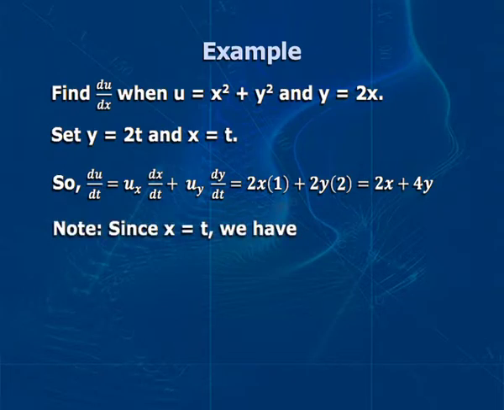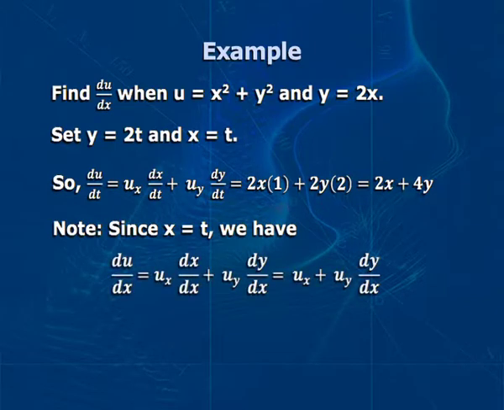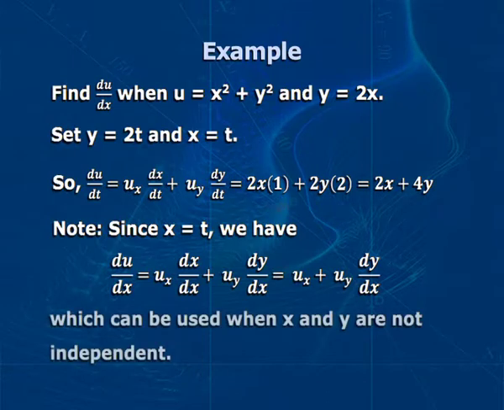Note, since x is equal to t, we have du by dx is equal to ux dx by dx plus uy dy by dx, which is equal to ux plus uy dy by dx, which can be used when x and y are not independent.